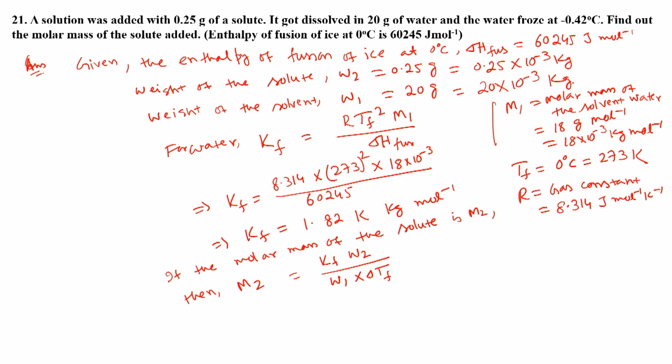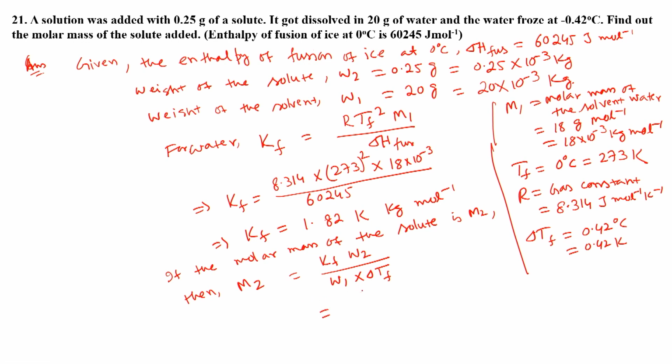So delta Tf here is 0.42. The depression in freezing point is 0.42 degree Celsius, so you get 0.42 Kelvin. This is the value of delta Tf.